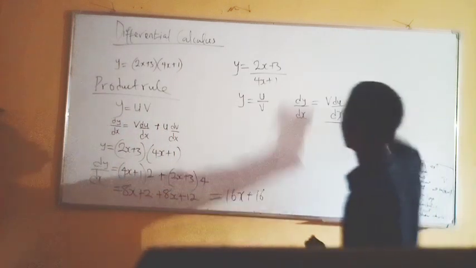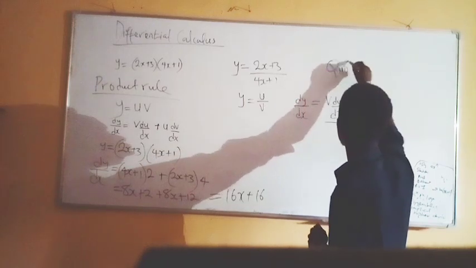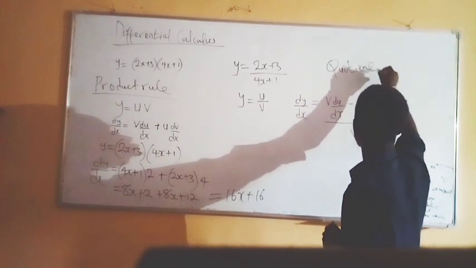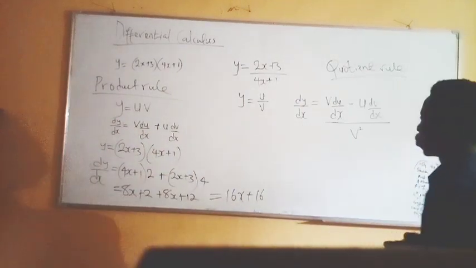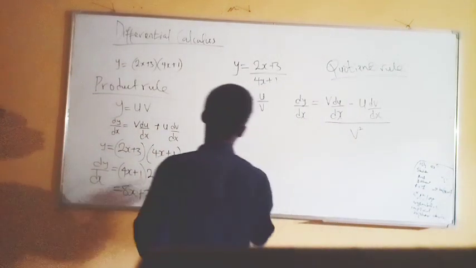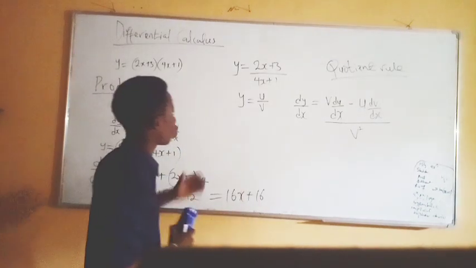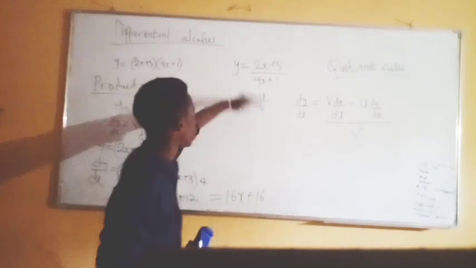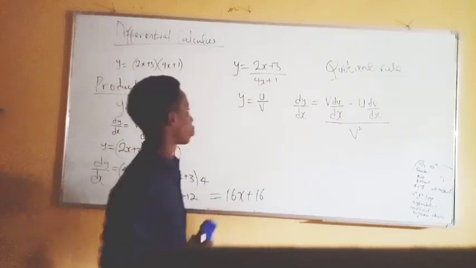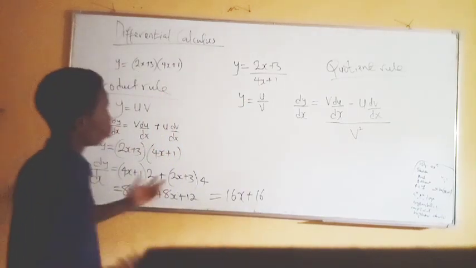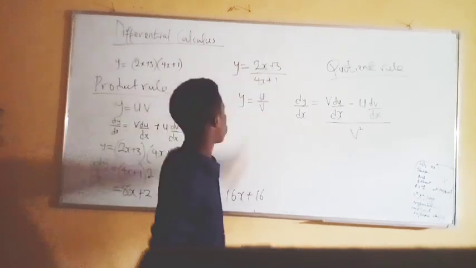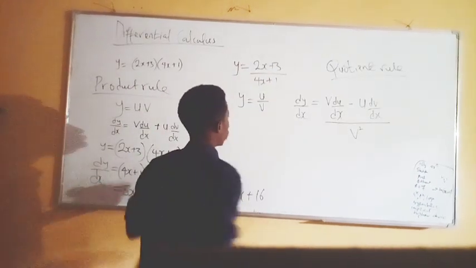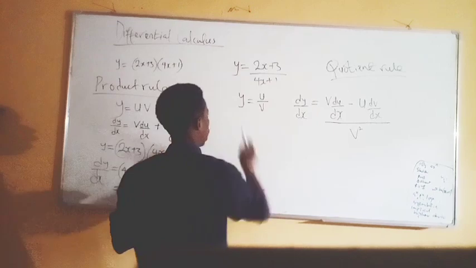This is called the quotient rule. This is the formula we use when the expressions given to us to find the derivative appear in this format. So, having seen this, we can actually solve this. Remember, this is our u and this is our v.